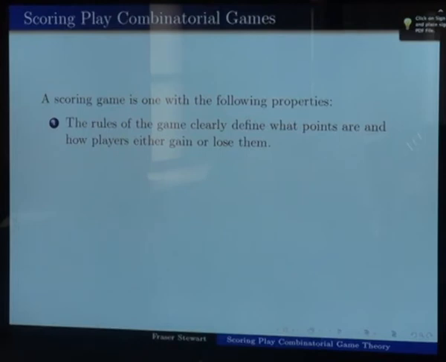With Wei-Ti, as I just said, you get a point every time you capture one of your opponent's stones, and you get a point every time you capture a piece of area. So when we play Wei-Ti or Go, we know exactly what points are. The second thing is that when a game ends, the player with the most points is the winner. Again, this is obviously true for Wei-Ti because you win by having more area or more points than your opponent, not by moving last.